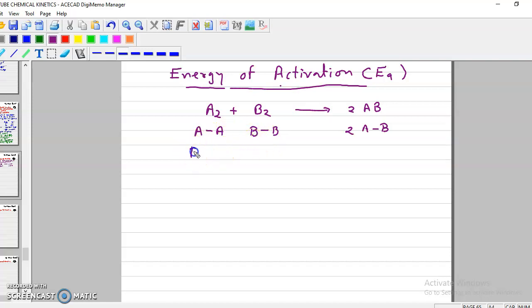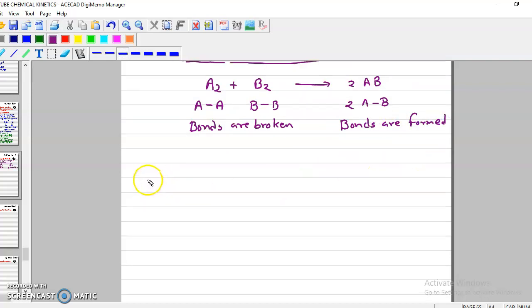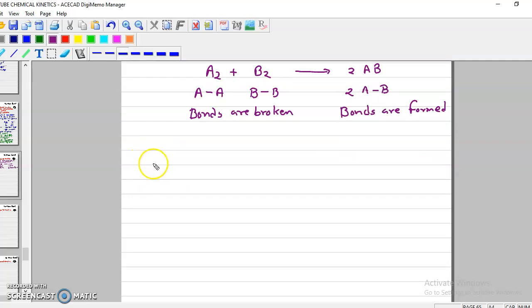So bonds are broken and new bonds are formed, then we get products. This is the basic of chemical reaction: we have to break bonds.